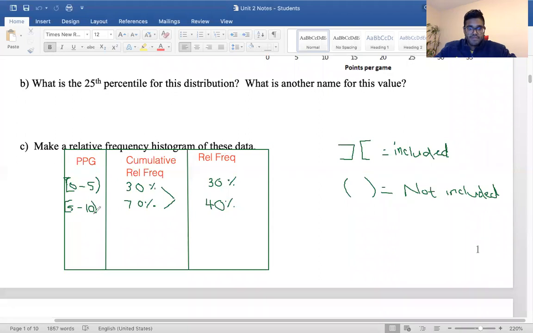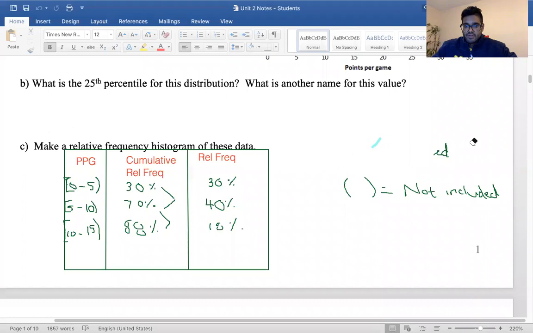We're going to include 10 now, so we're going from 10 to 15, but not including 15. So that's 14.99999, and that's 88%. That's the cumulative, 88%. So what's the relative frequency? That is 18%. And you're like, well, what's the point of making this giant table? I'm going to show you here in a second.